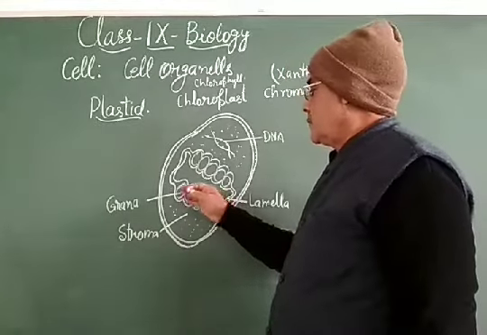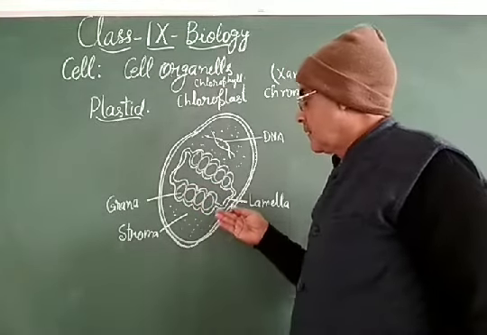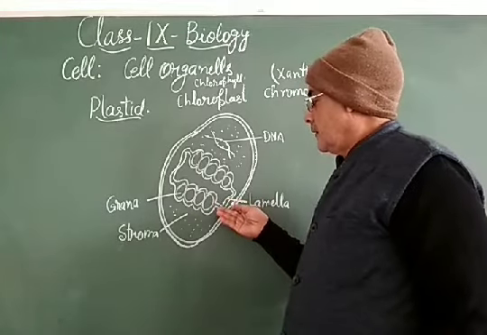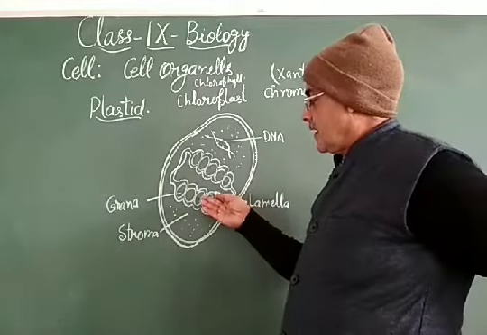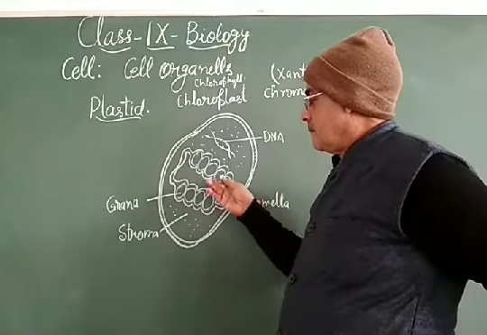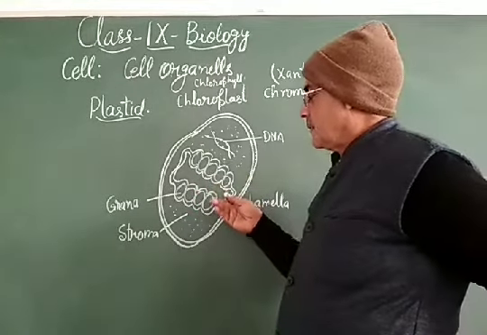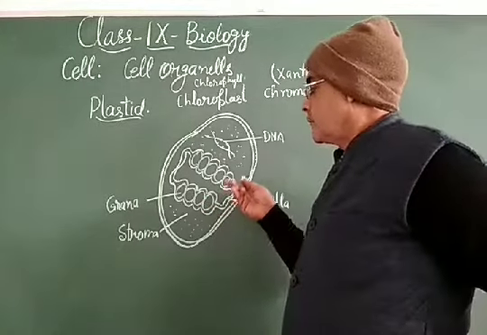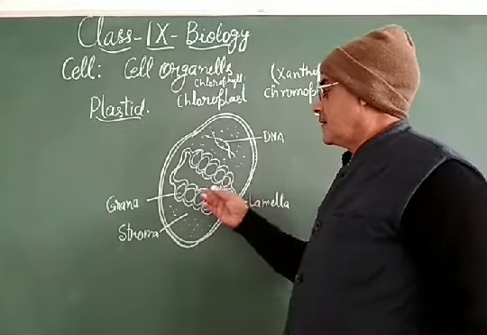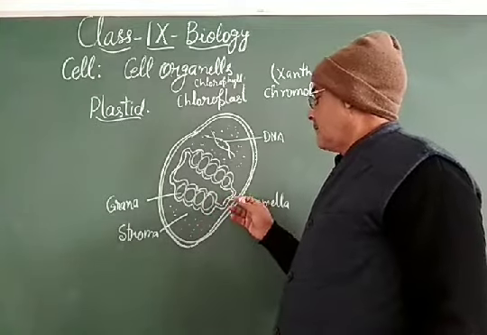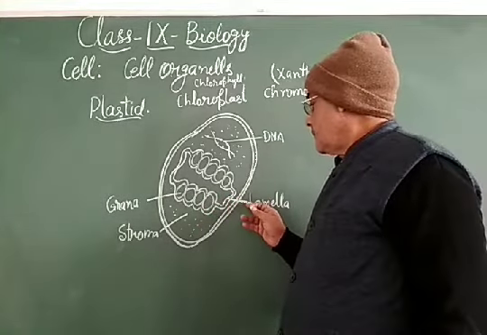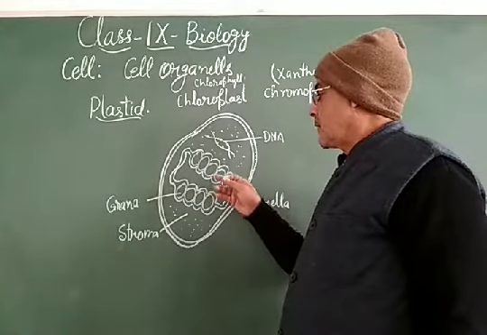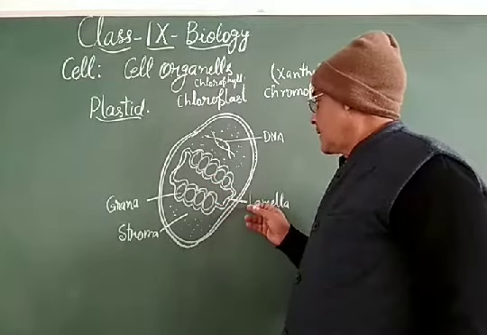In these there are some small chambers, just like photoplates, the photoreceptors, and these are called the grana. These grana get connected with the lamella. So the grana is also a double membranous structure, connected with the lamella.